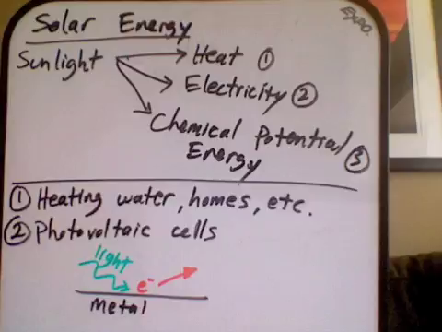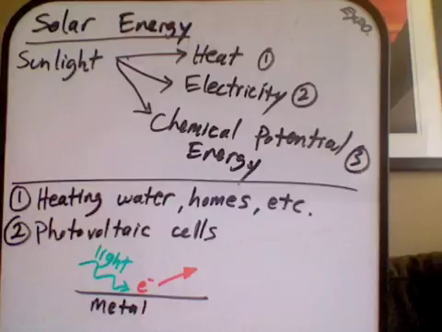When that supernova happened, things like uranium were produced, and the nuclear energy that we get from uranium today can be traced back to that old star. Geothermal energy, which we'll talk about last, is really coming from the inside of the Earth. It really has not much at all to do with the sun. But most of our energy sources, we can tie them back to the sun in one way or another.